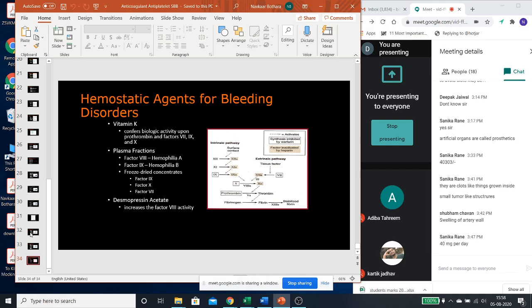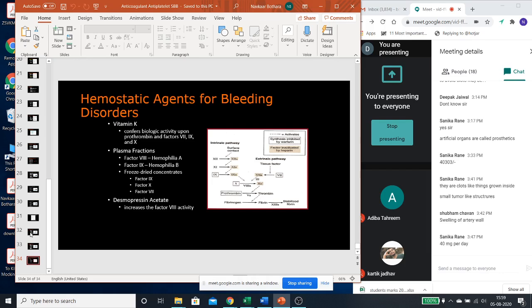These four important factors are synthesized in the body with the help of vitamin K, and therefore it is very important. If we increase the concentration of vitamin K, the cofactors can increase, and thus it can cause an increase in coagulation.